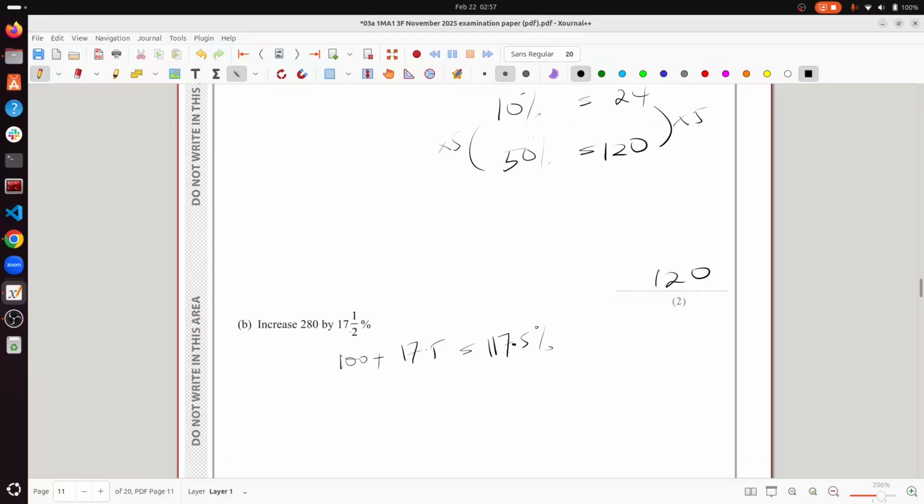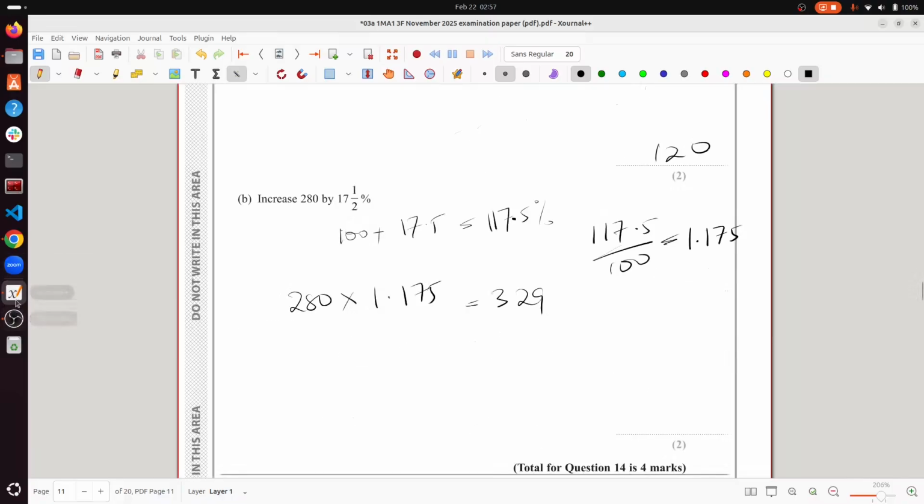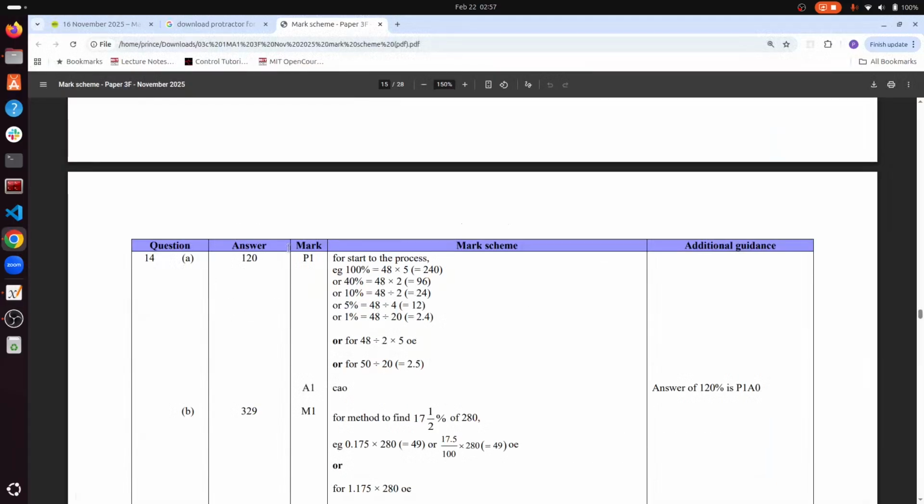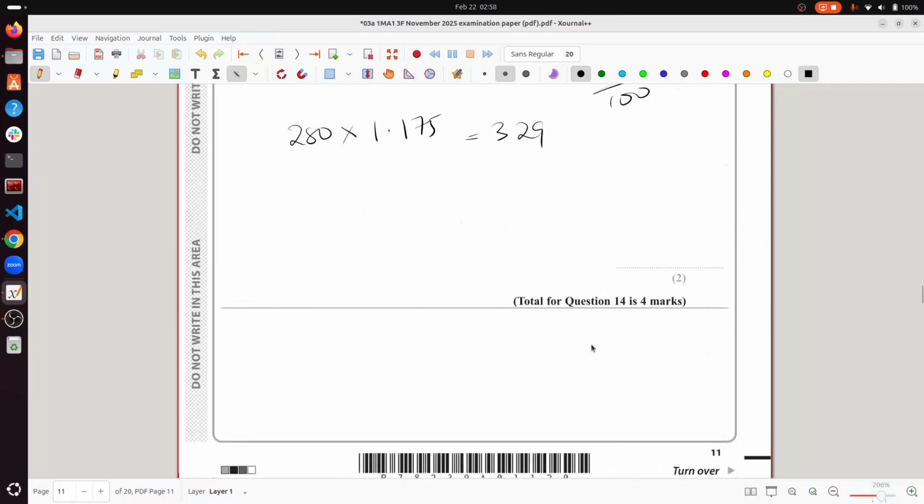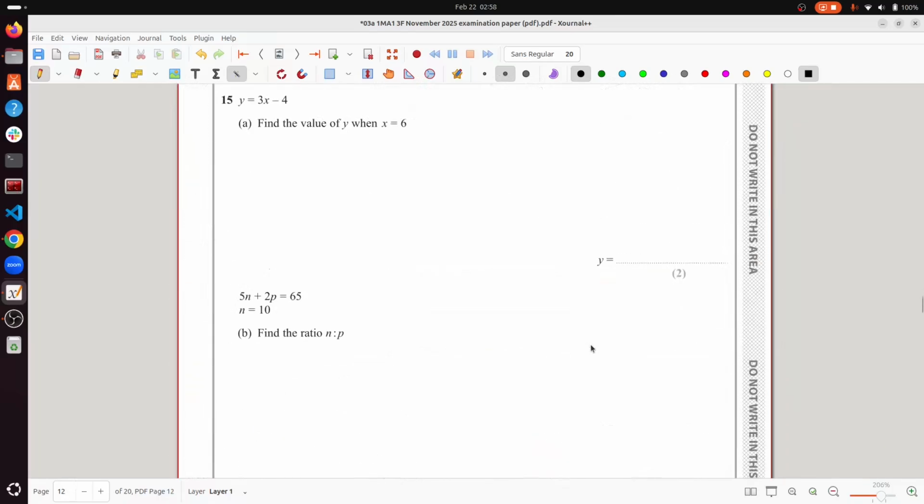You put that as a decimal, which is 1.175. Now, if I multiply 280 by 1.175, that means I've increased it by 17.5%. And that is 329. So let's check our answer now. We had 120 and 329. That's correct.